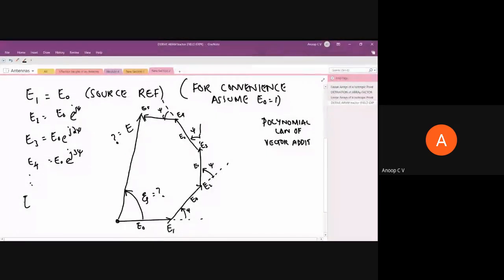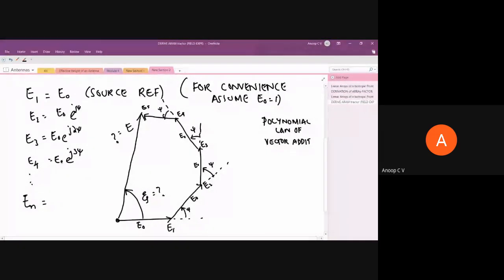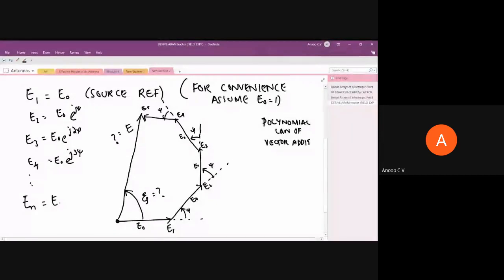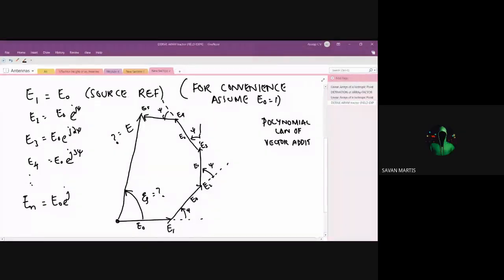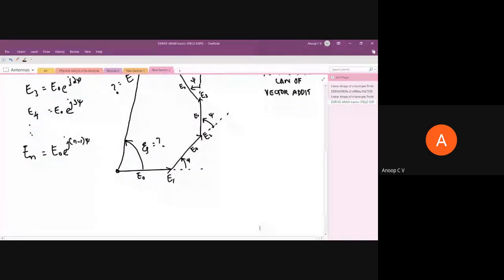And what will be En in general? Can anyone tell me? En will be E naught e power j, whether it is n psi or n minus 1 psi? It has to be n minus 1 times psi. So this is E1 up to En. So we are assuming there are n such sources.